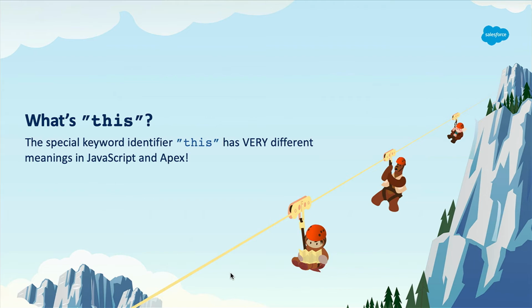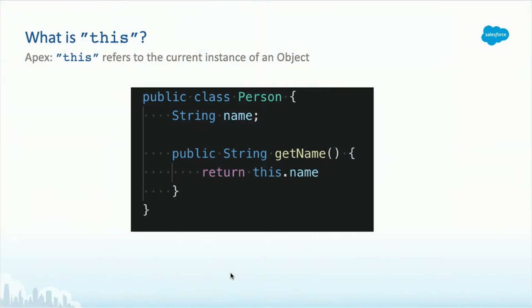So if I just say this, that's just the pronoun or the word this. Anyway, it doesn't matter. The this keyword is the code this. So here we go.